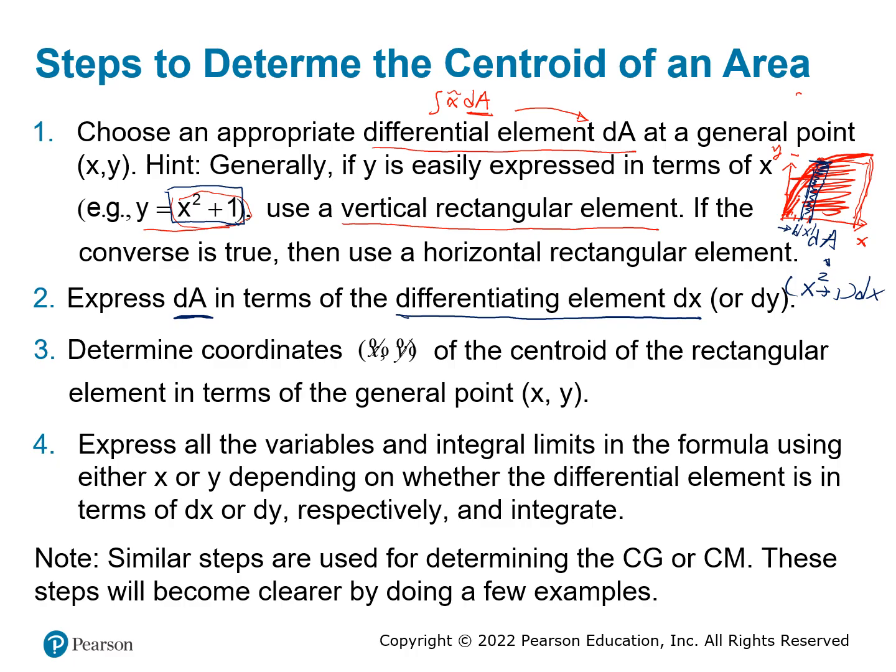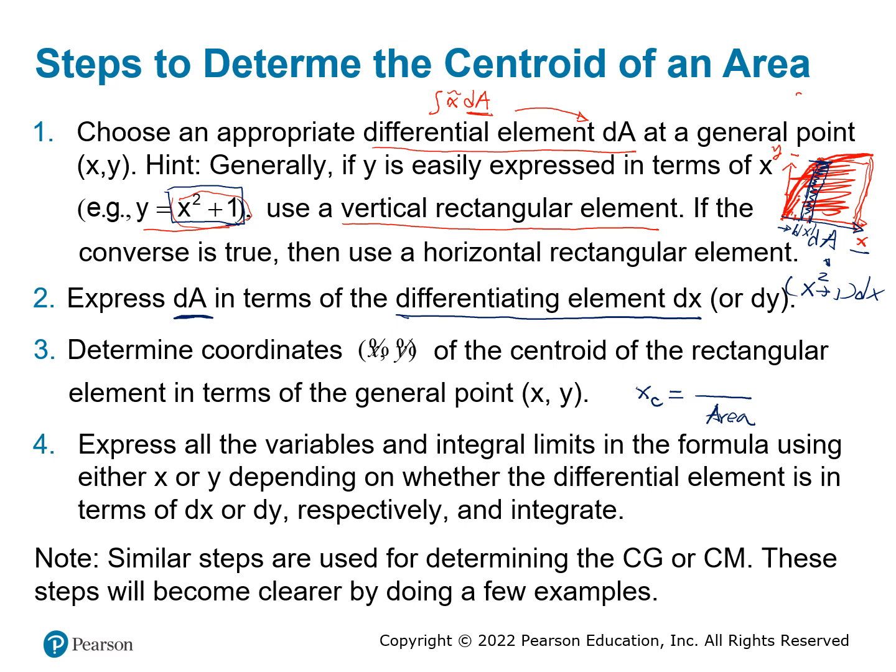And then you have to determine the coordinate of the centroid. If you go this way and integrate with respect to dx, you are trying to find the centroid location in the x direction, and this will be the total area.